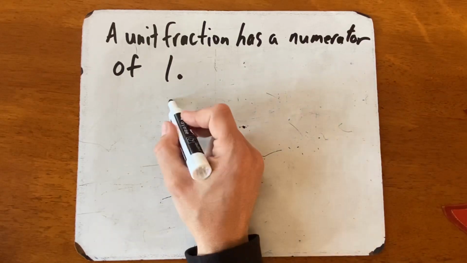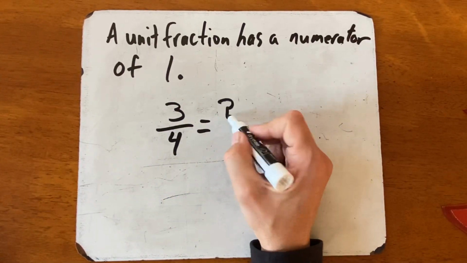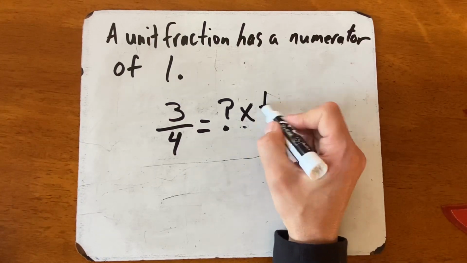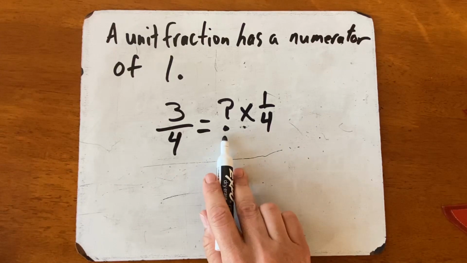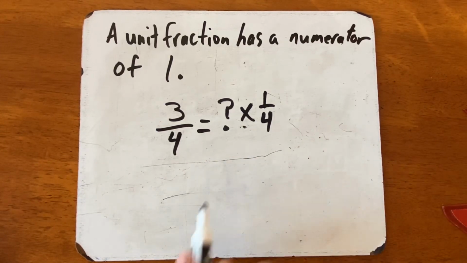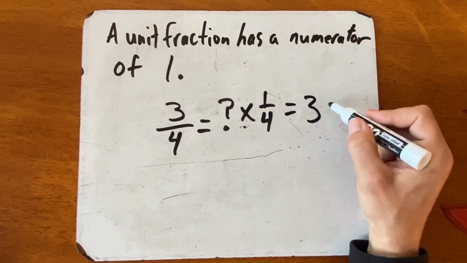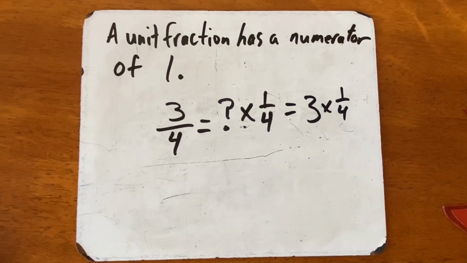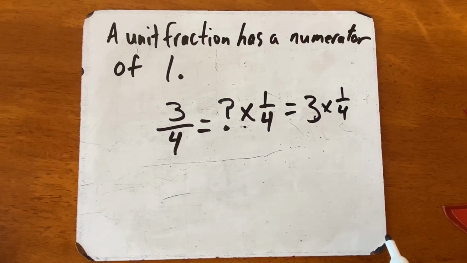He might give you something like this. 3/4 equals what number times 1/4? Well, remember, this is going to have to be your big number over here. So this would equal 3 times 1/4. Remember, you multiply the whole number times the numerator.